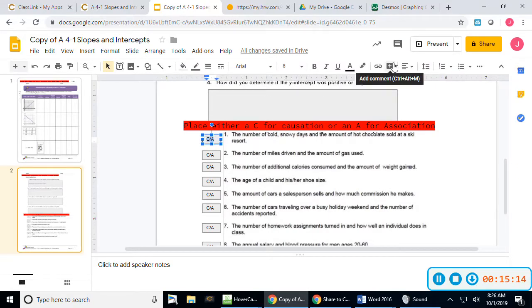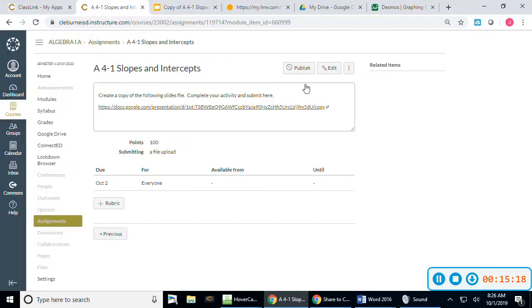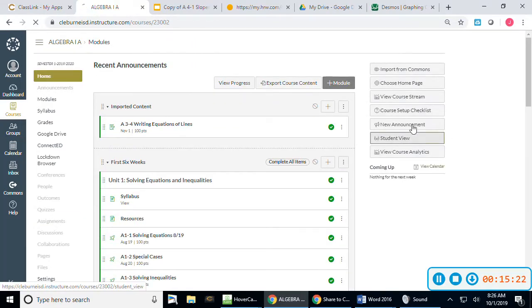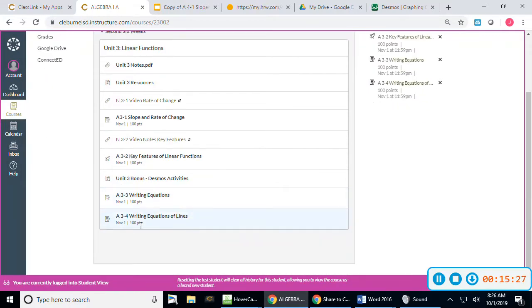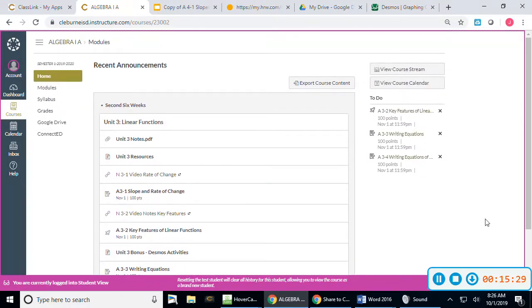Okay, when you get ready to turn this in, you're going to go here. Let me switch to student view so that way y'all can see. Oh, and I didn't publish it.